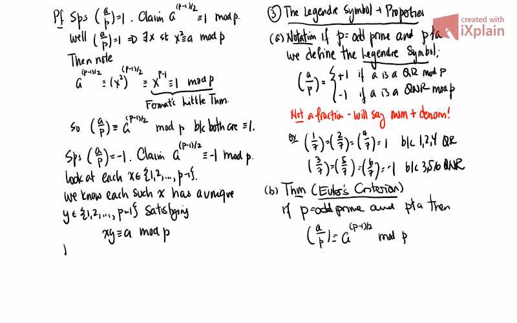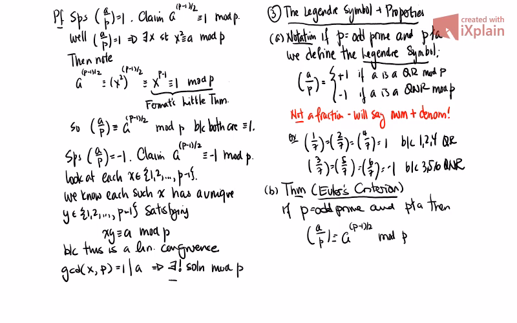So this is because this is a linear congruence, and the GCD of the coefficient and the modulus is 1. And this is because x is between 1 and p minus 1, so the GCD of x and p is 1. And this divides a. So this means there exists a unique solution mod p, and that's the y.